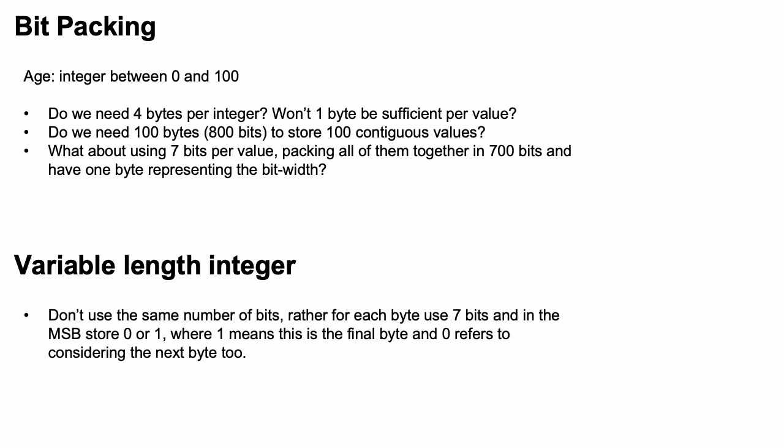What happens in variable length integer is, the most significant bit is set to 0 or 1. 0 means the value will continue and the next byte has to be read, and 1 means the value has now terminated in this byte. This means you can go into multiples of 1 byte, and different integers can be encoded into different numbers of bytes based on their actual value.